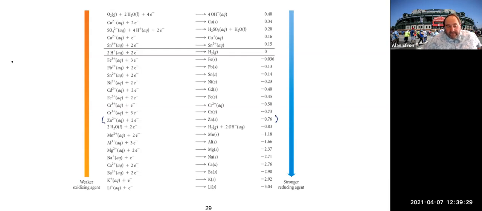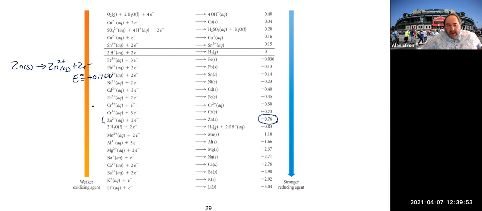So if we wanted to reverse it like it really was happening in that reaction we were looking at, it would look something like this. What does that do to our E value? If we reverse it, the E naught for this reaction written like this would actually be positive 0.76 volts.